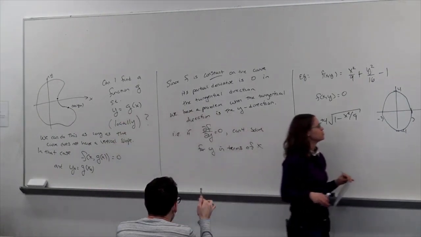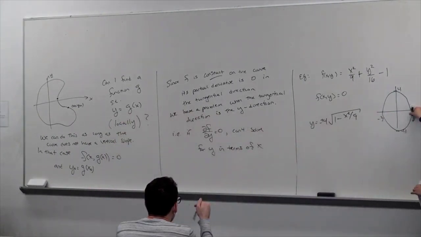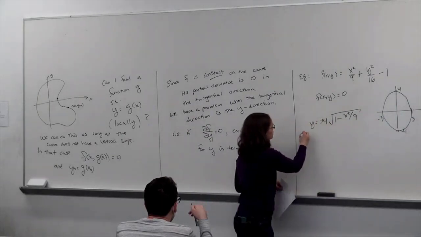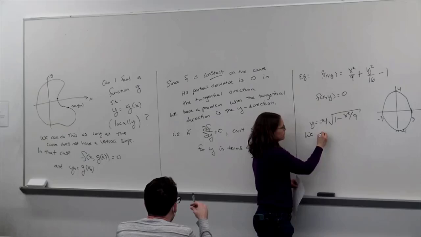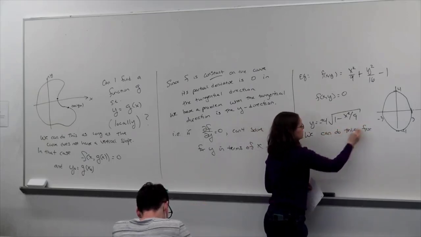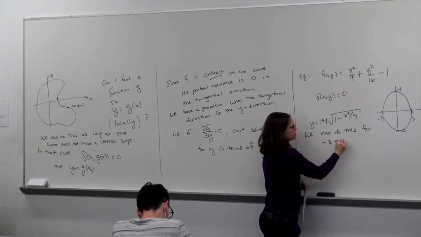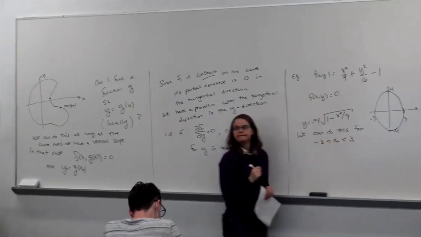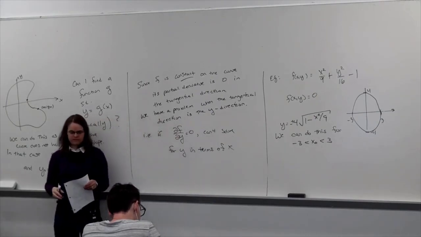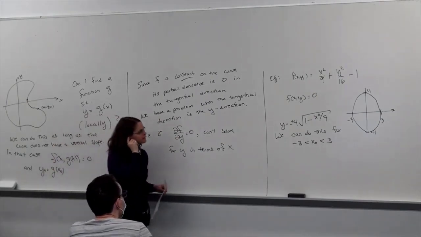So including the endpoints is probably not a good idea because at the endpoints, I've got this vertical slope that I don't want. Okay? So we should be able to do this for x naught in this interval. Again, otherwise we have this vertical slope.